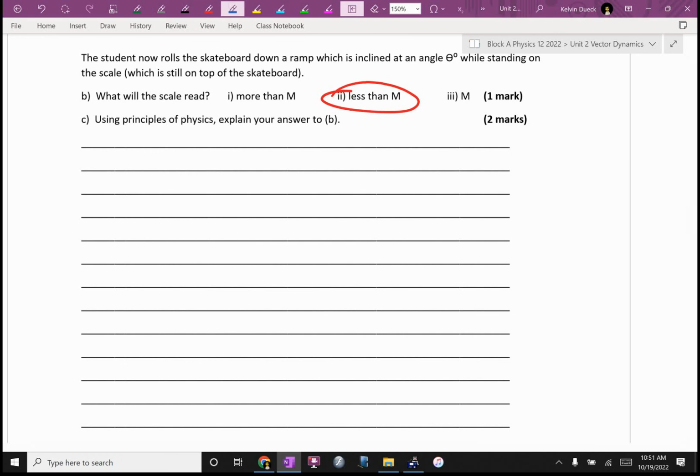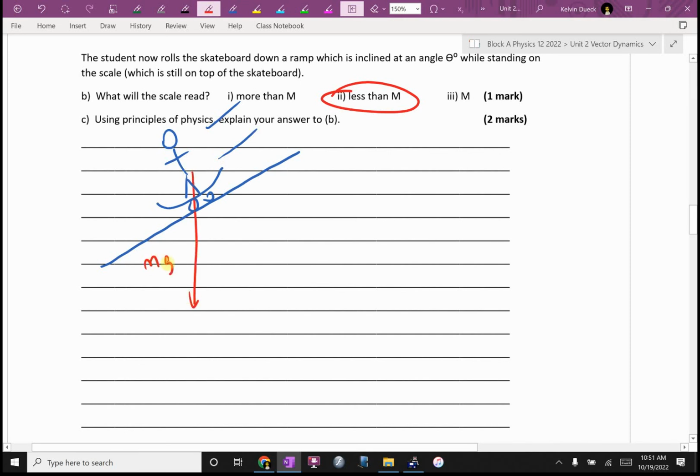Okay, so if you did a free body diagram, let's say, there's the kid on the skateboard going down. Oh, hang on. If you're going down, the wind goes in the other direction, doesn't it? You could say, okay, I'm going to have mg down, and you're going to say the scale reading is the normal force, and so it's going to be mg perpendicular, which is mg cos theta.